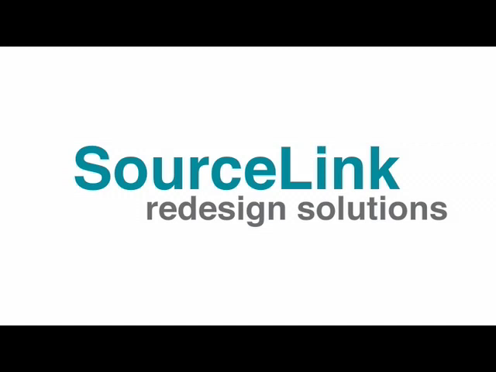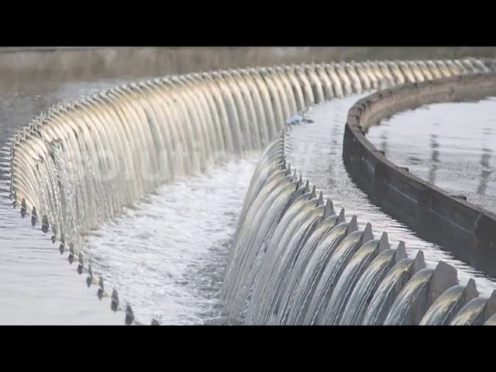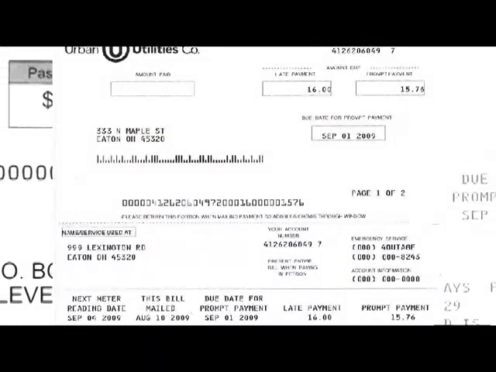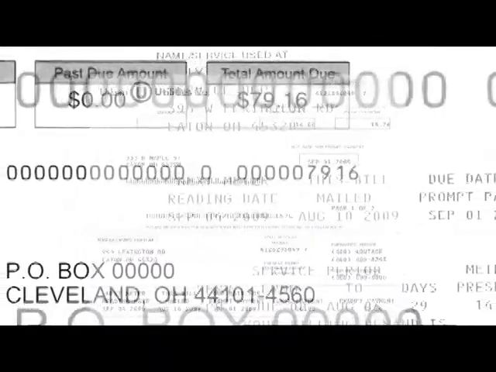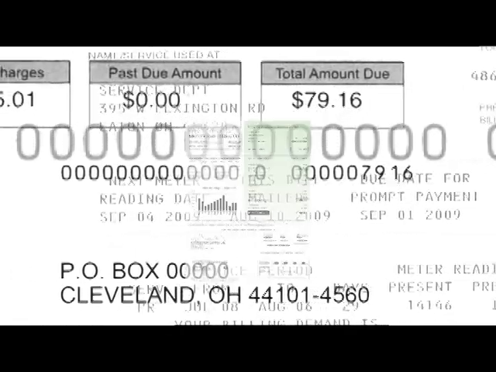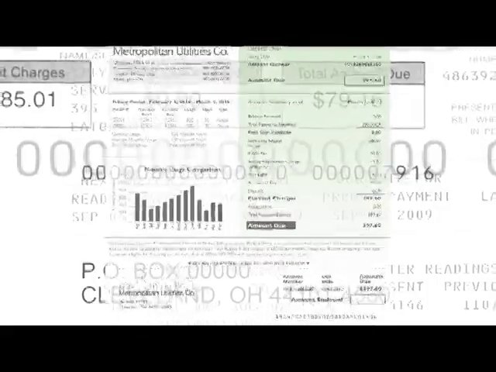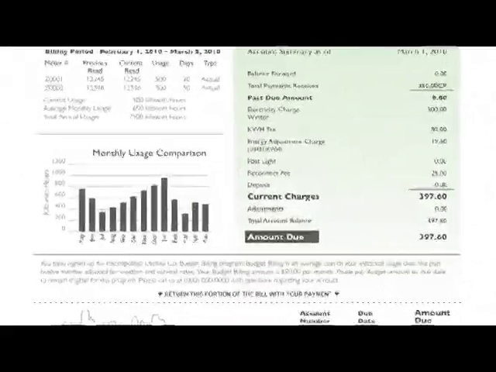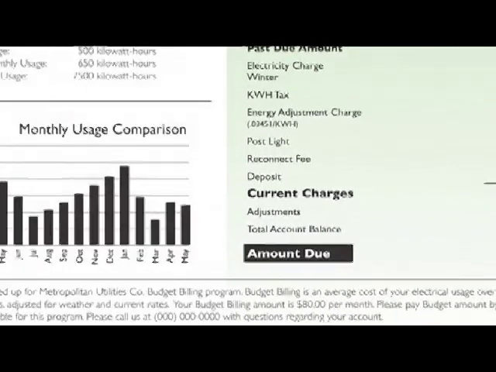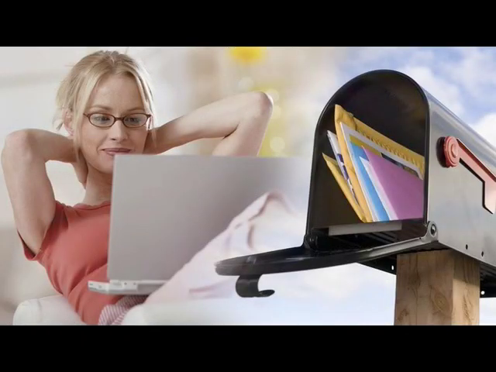Let's examine a typical utility company's bill and see how SourceLink's solution solves various communication problems. Most legacy systems spew out long print streams of data without fixed positions for information, making it almost impossible to isolate fields for easy communication. At SourceLink, we transform data from legacy systems into easier-to-read utility bills for both efficient delivery through the mail and via the Internet.